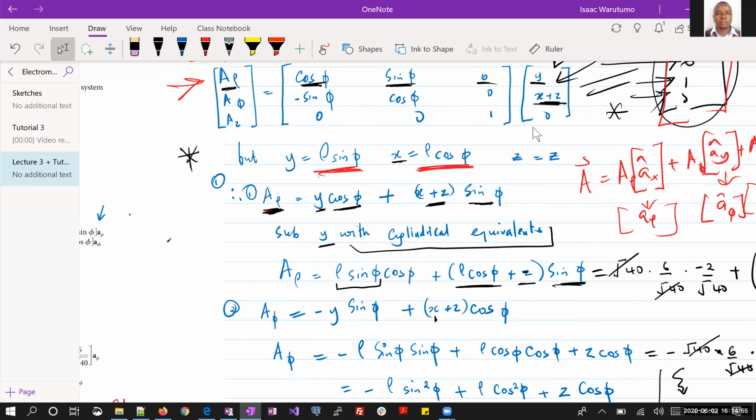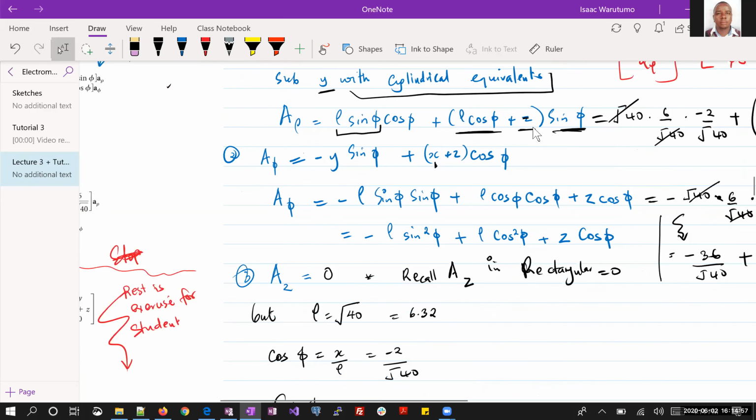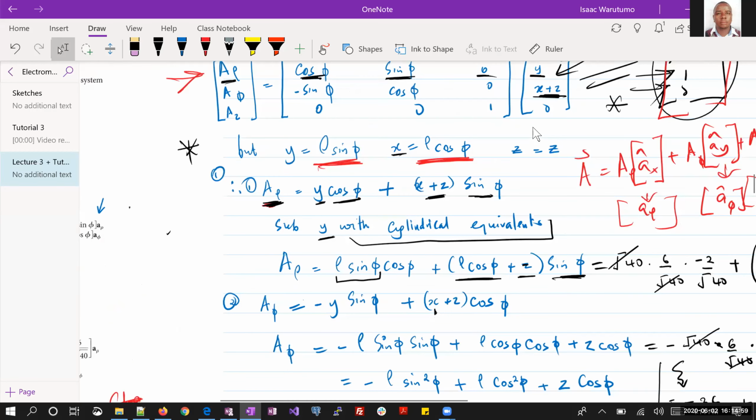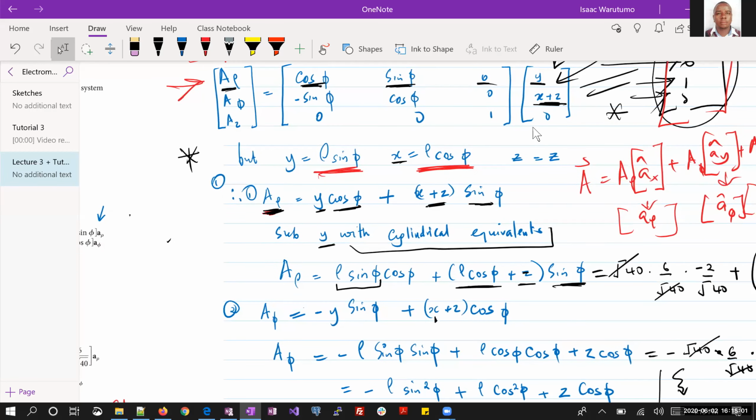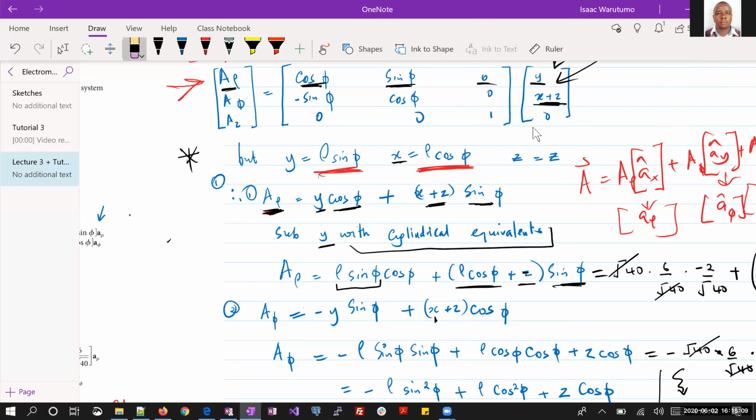Then I will move to the second bit. I want now to do the second one, which is this A phi.